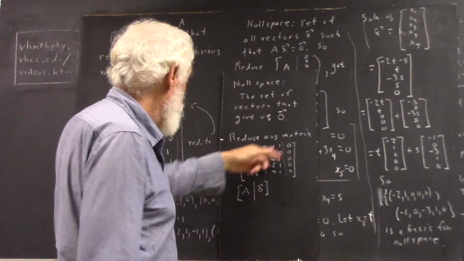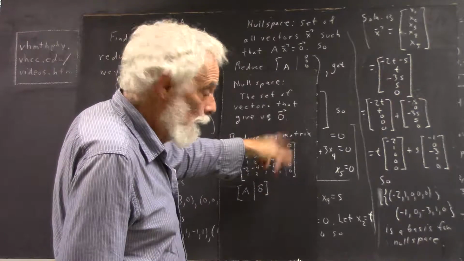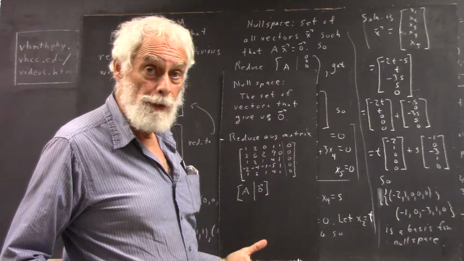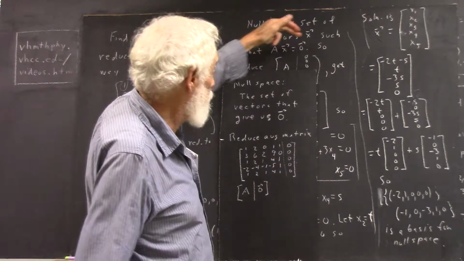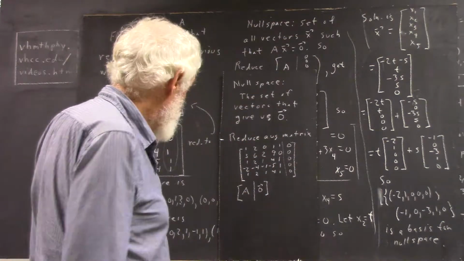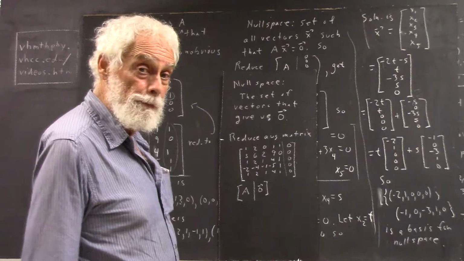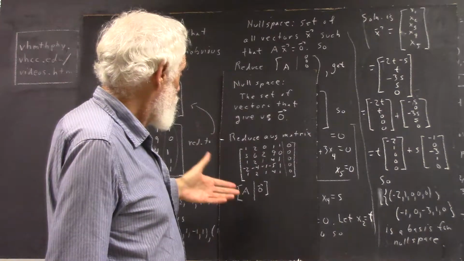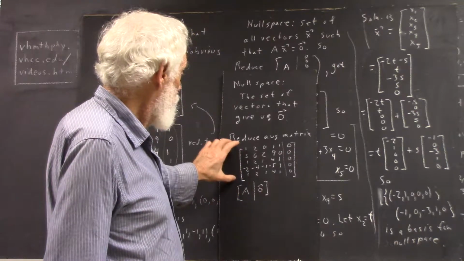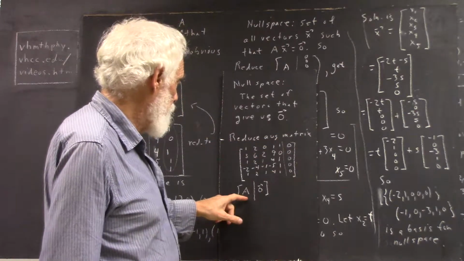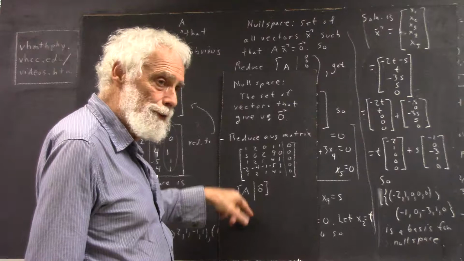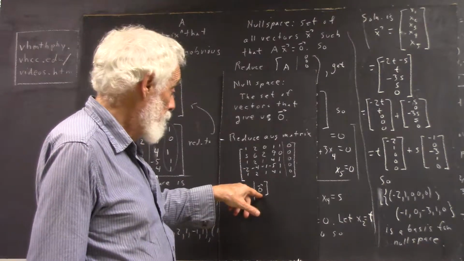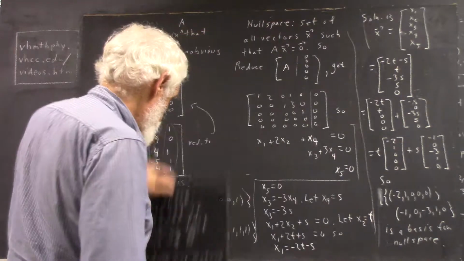Well, we write down the A matrix, and we write down a column of zeros, and we get a matrix that represents the set of simultaneous equations that you get if you write out this system. Okay, so we reduce this, and we get the solution. Another way of representing this augmented matrix is just A with a vertical line here and the 0 vector. Well, we did that.